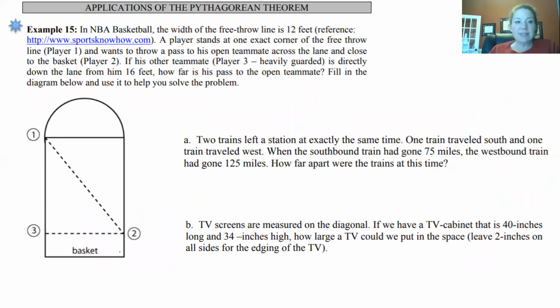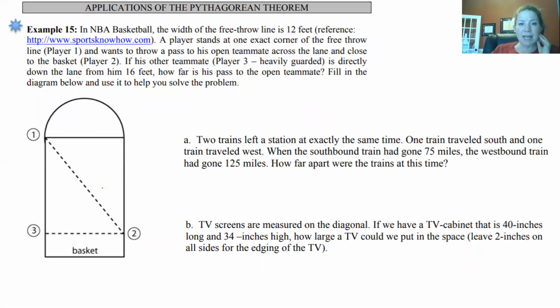All right, example 15. It says in NBA basketball, the width of the free throw line is 12 feet. A player stands at one exact corner of the free throw line and wants to throw a pass to his open teammate across the lane and close to the basket, player 2.